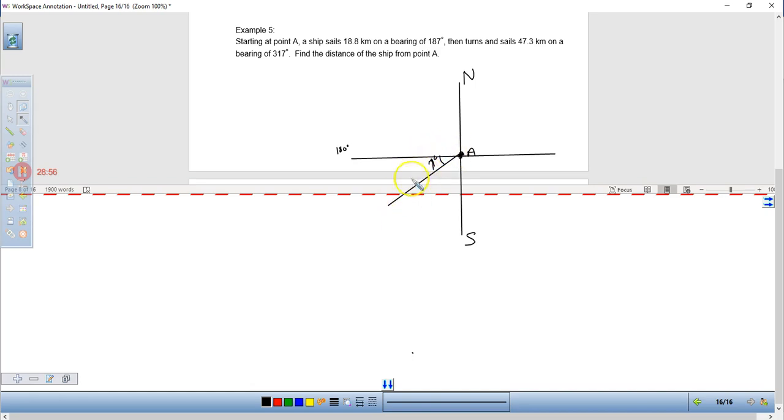Well, now that I've traveled at 7 degrees, I'm 18.8 kilometers out. And once I get to this destination, I'm going to call this point B. Then all of a sudden, we're changing course, and this is how I'm drawing this one.